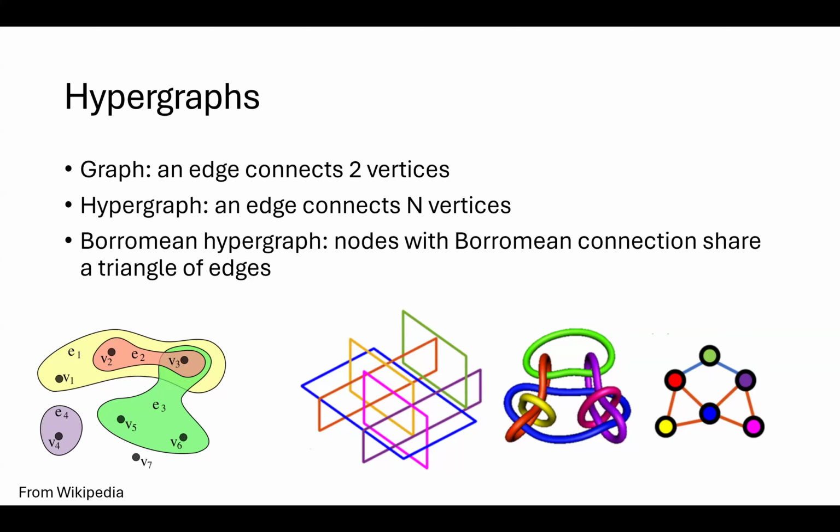If 2 rectangles or any 2 closed curves form a Hopf link, then we represent them in a graph by sharing a blue edge. And if any 3, such as the red, the yellow, and the blue here, form a Borromean link, then we represent them as forming a red triangle in this hypergraph. And if we remove one of the edges or one of the nodes from the triangle, then the other 2 edges vanish because we no longer have Borromean links.